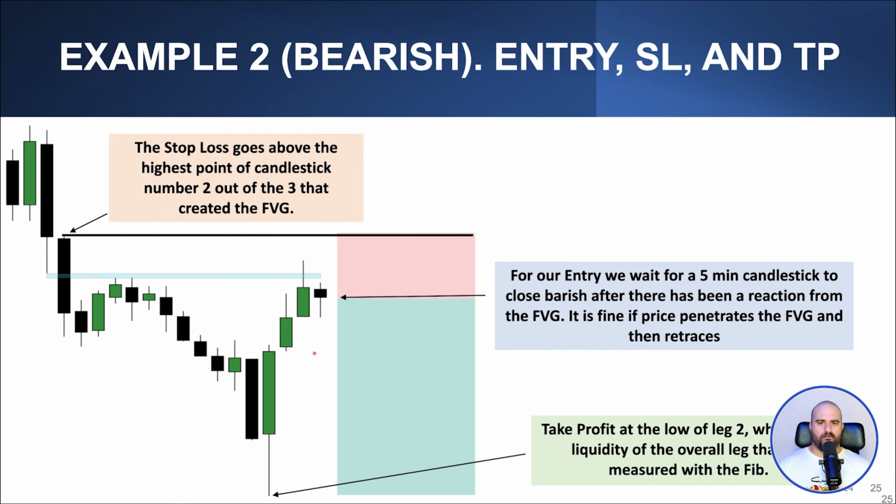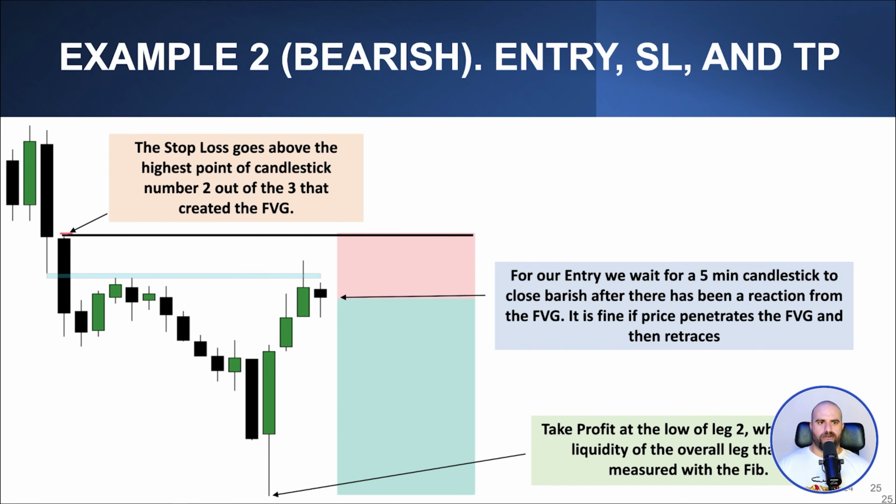Okay, so what is the entry again? It is exactly right here. The stop loss goes above candlestick number 2 out of the 3 that create the FVG. So for this FVG, 1, 2, 3 candlesticks created this FVG over here, which was tested until here. So this was the remaining part.